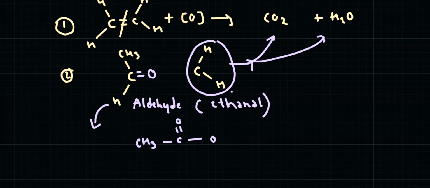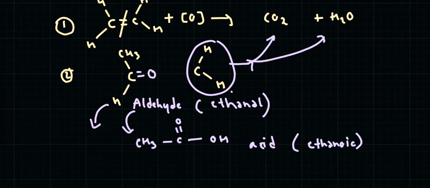If you keep on heating under reflux without distillation, you will eventually create an acid, and that's called ethanoic acid because you had ethanal. If you had propanal, you would get propanoic acid. That's common sense.